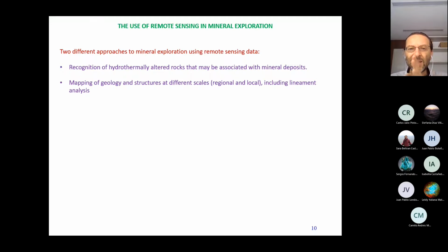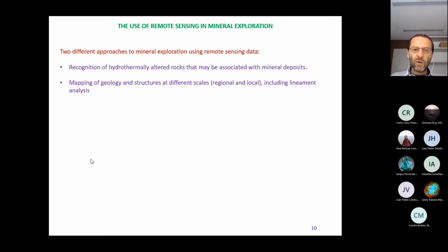That means there might be a system of faults that controls the distribution of mineralization, so that they can predict where the deposit is going and where to go and explore for more mineralization. So that is the idea. So remote sensing is very good as an initial tool for this at all scales.